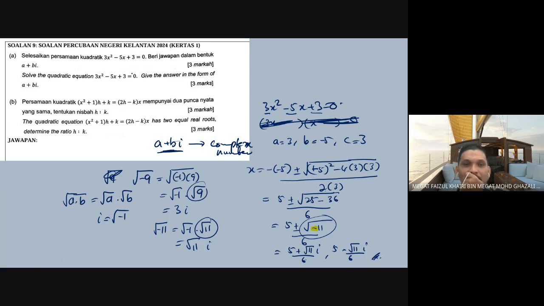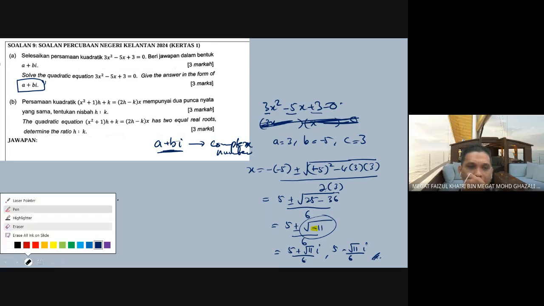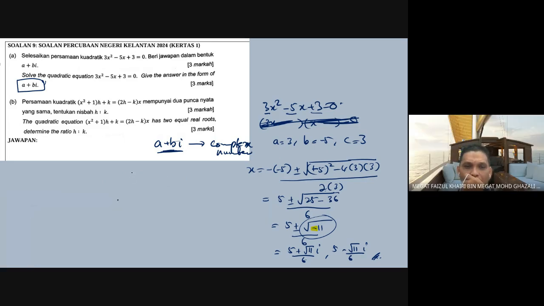By the way, Kiki, if you write in the form of a plus bi, meaning 5 plus square root of 11 i divided by 6, then a is 5 over 6 plus square root of 11 over 6 i.